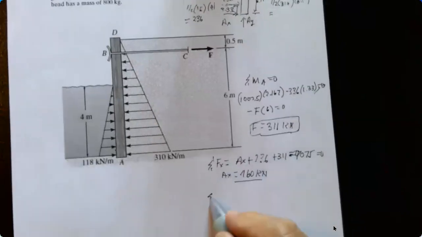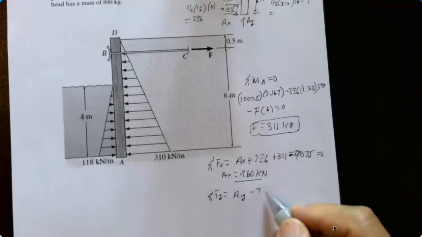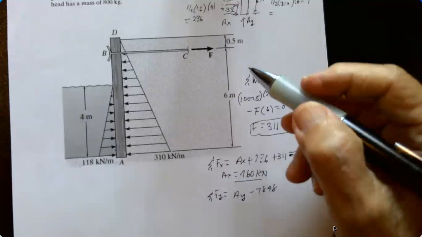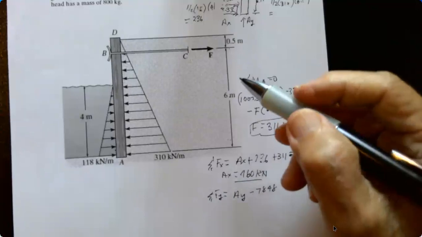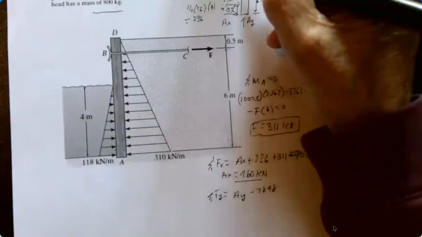Sum forces in the y equal to 0. A sub y minus 7848. The bulkhead has a mass of 800 kilograms.